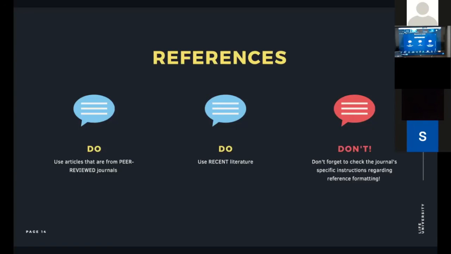It doesn't make sense, especially from the world of musculoskeletal healthcare. Things have changed so much in the last 3 to 5 years alone. So I really encourage you to use only recent literature, preferably within the last 5 to 10 years. Obviously, much sooner would be even better. And thankfully, research is coming out like crazy these days. So there's plenty of things to work with. So I can't stress this enough.